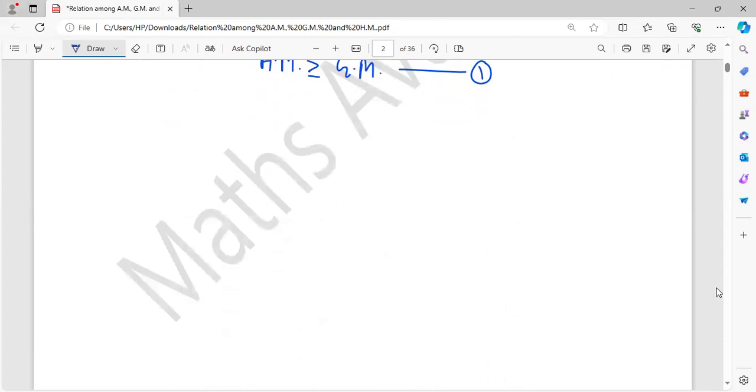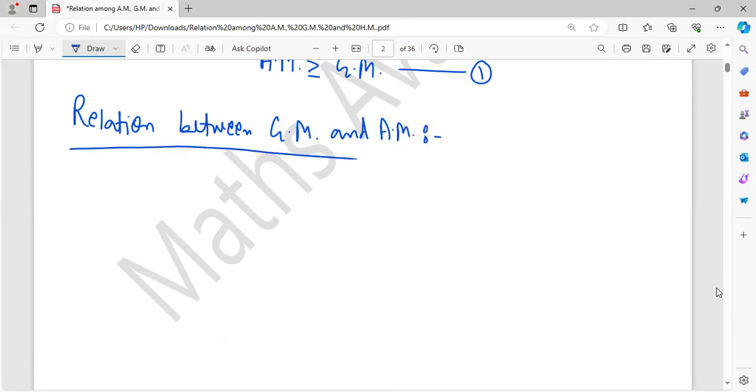Now we'll find the relation between GM and HM. So if you have two numbers A and B, what is HM?